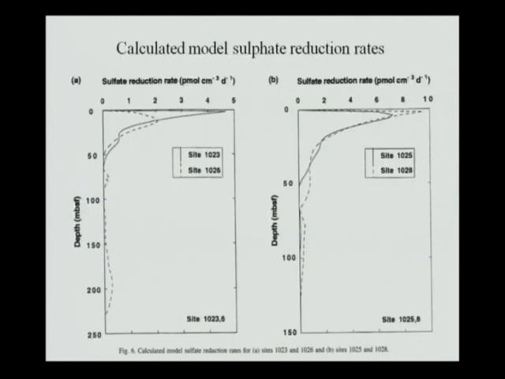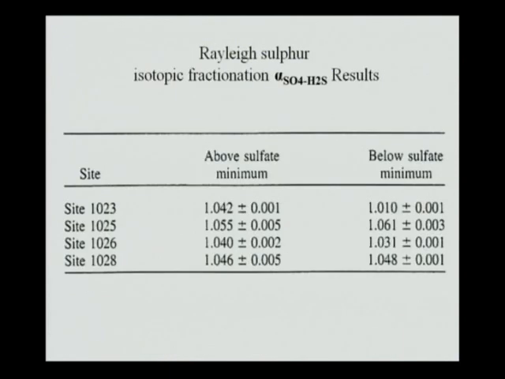And calculate the rates. See, very, very fast on the top and very slow at the bottom. I forgot to mention, the bottom has a higher temperature than the top. It is still within the range that this bacterial sulfate reduction can take place, but this is the reason for the differences in the fractionation.